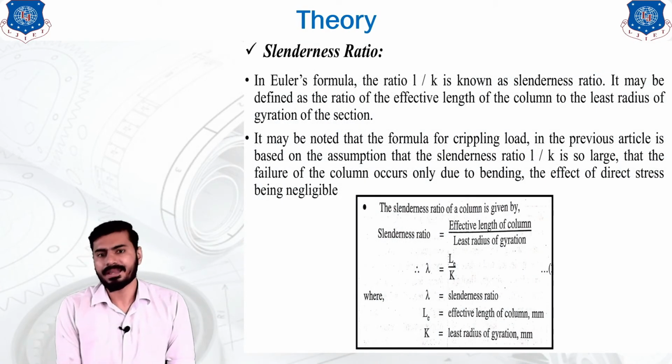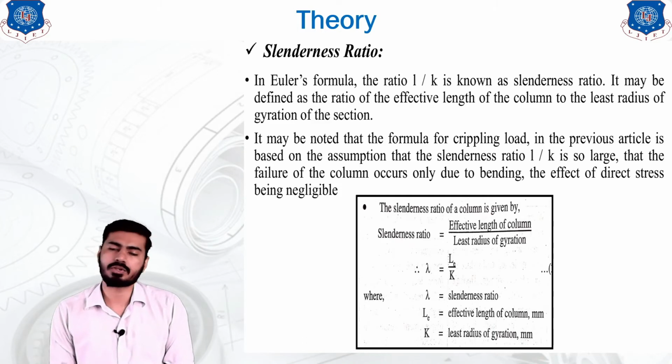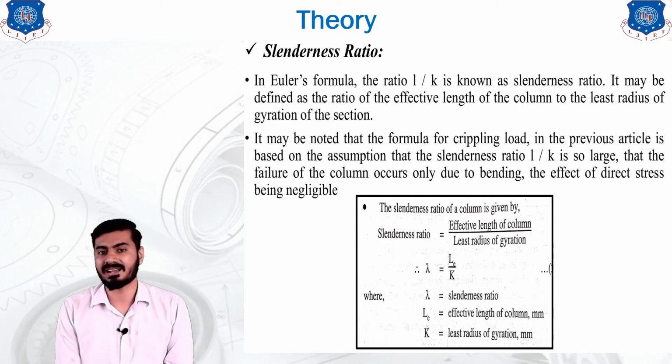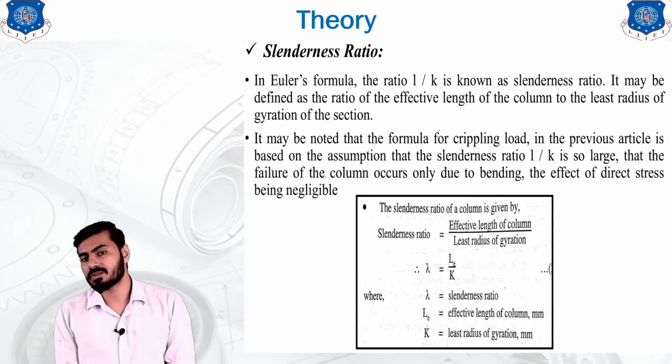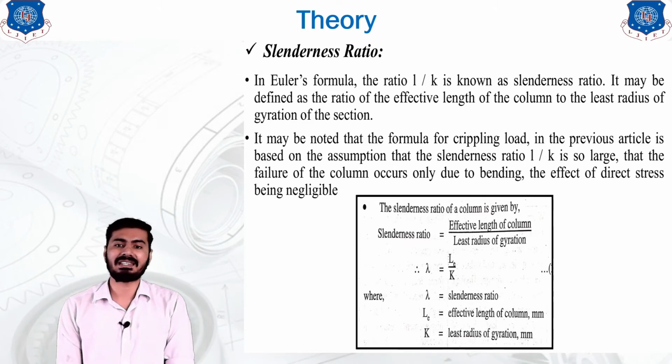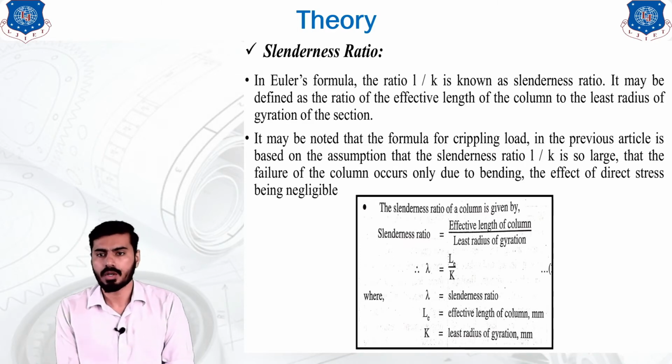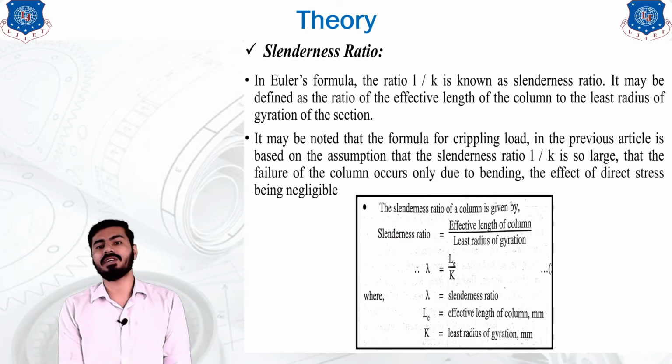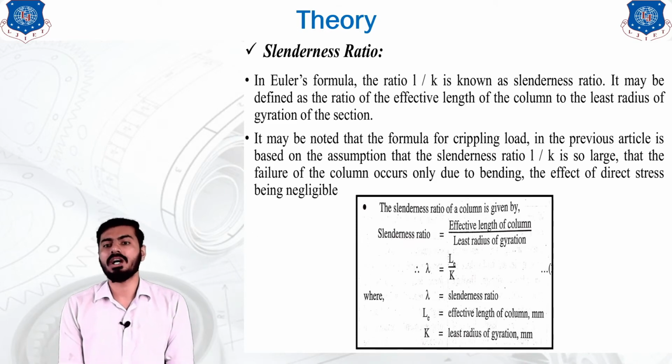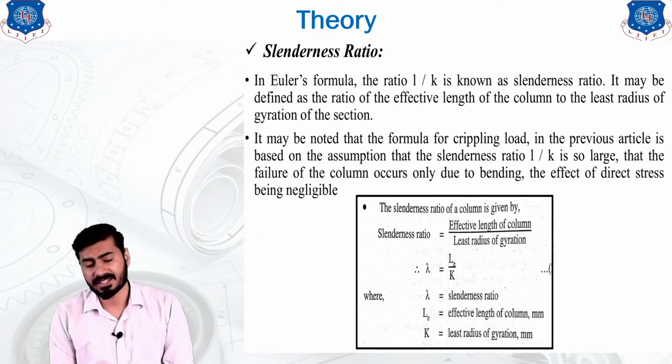Now we will see another definition based on Euler's formula, that is the slenderness ratio. In Euler's formula, the ratio L by K is known as the slenderness ratio. It may be defined as the ratio of the effective length of the column to the least radius of gyration of the section.